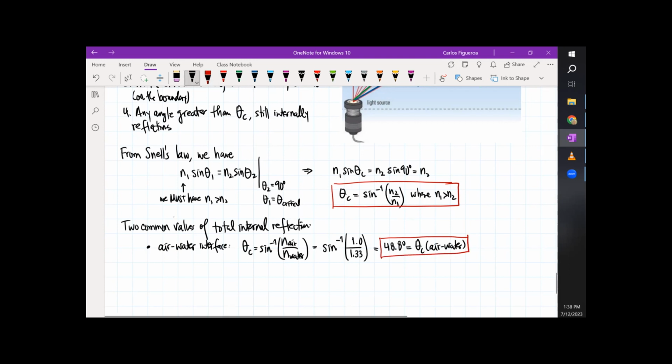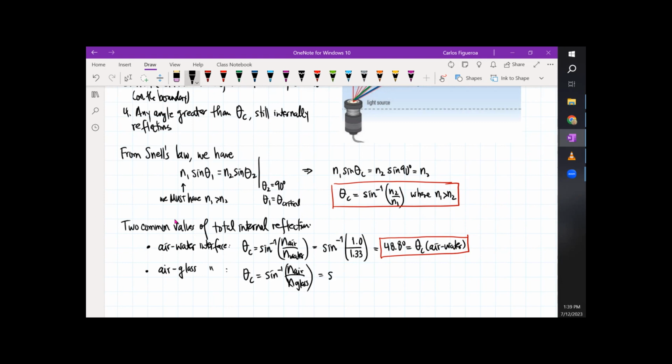And the other value is for the air-glass interface. In this case, we're looking at the sine inverse of air over glass.